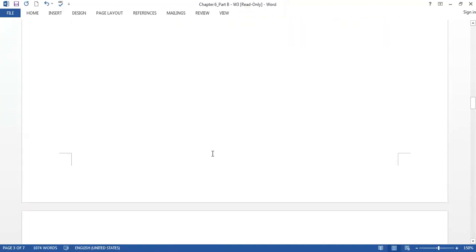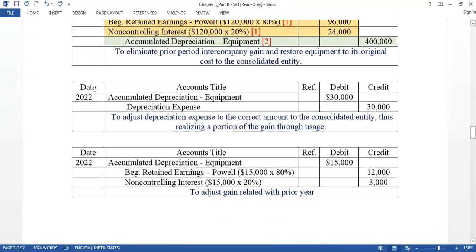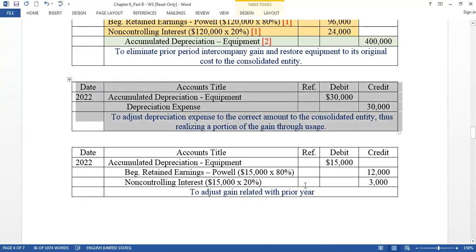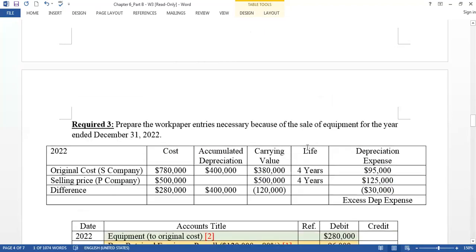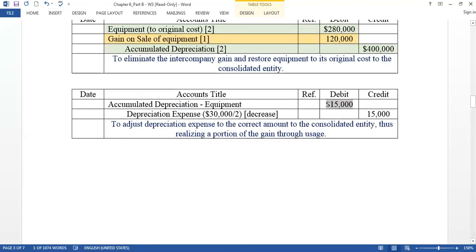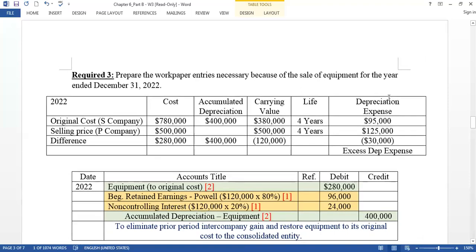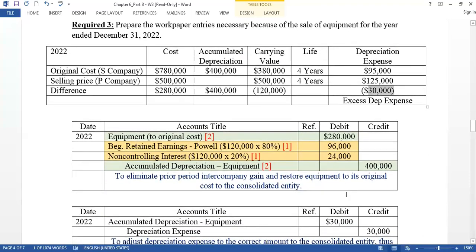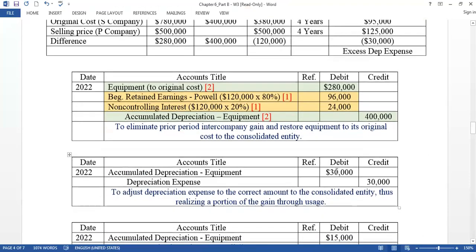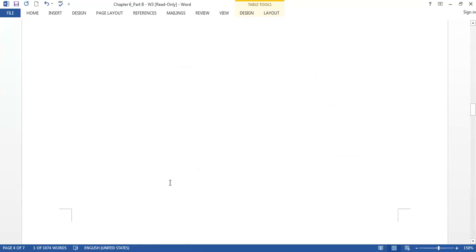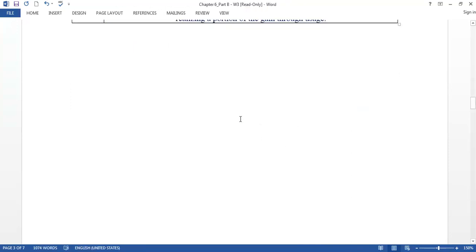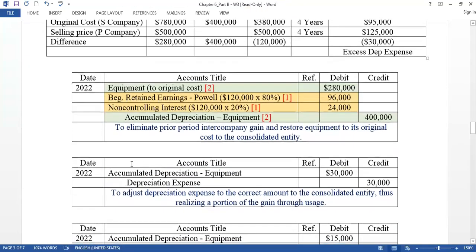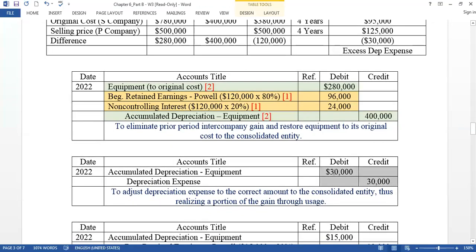Every year they have to consolidate the financial statement and do the same. This one and this one are the same, but the difference is the amount. Before we recorded only 15,000 because it was 6 months. Now 2022 covers a full year, that's why it is $30,000. So with this journal entry, we decrease our depreciation expense in the consolidated financial statement.